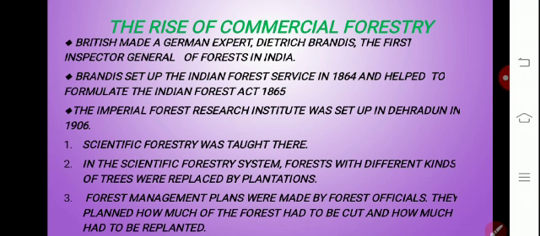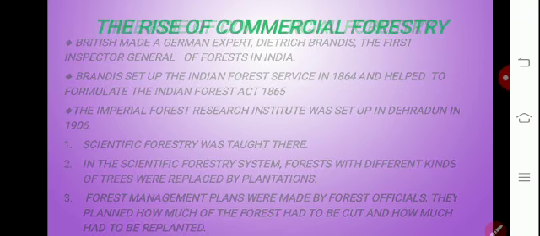So the decisions regarding forests were made by forest management. A forest officer was appointed, forest management was made, the Forest Act was implemented, and the Forest Research Institute was also established where scientific forestry was taught. So this was the rise of commercial forestry.